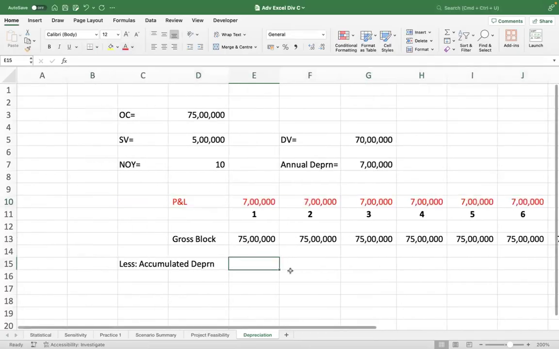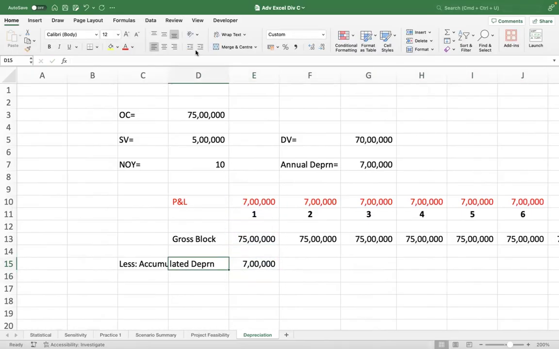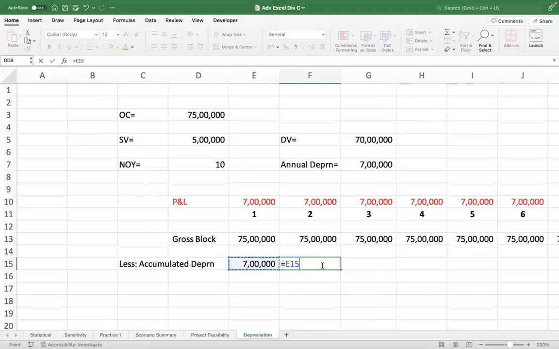For your balance sheet extract, your accumulated depreciation for the first year is 7 lakh. Next year will be previous year plus the current year. Previous year depreciation plus the current year depreciation.